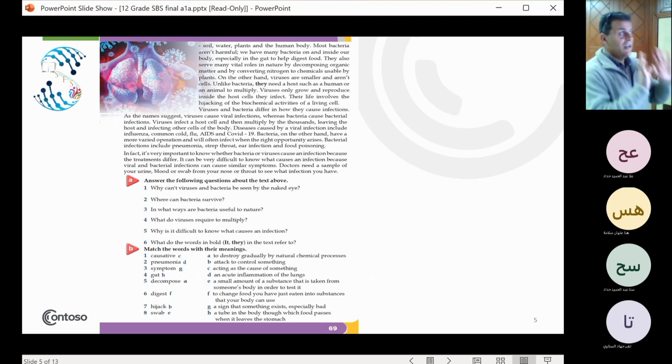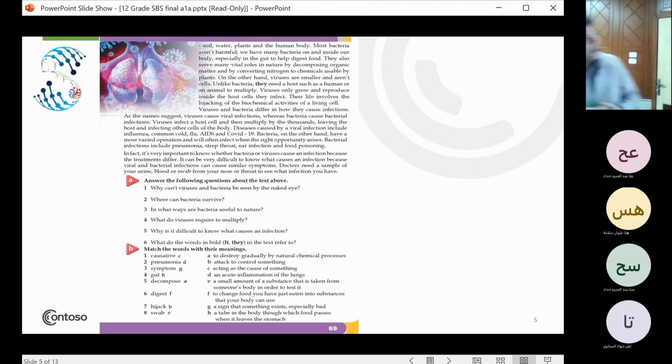Unlike bacteria, opposite of like, they need a host, such as a human or animal, to multiply.